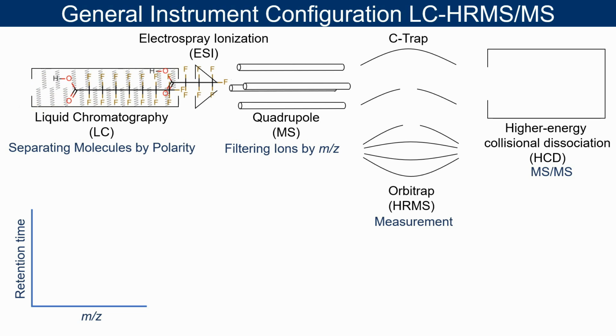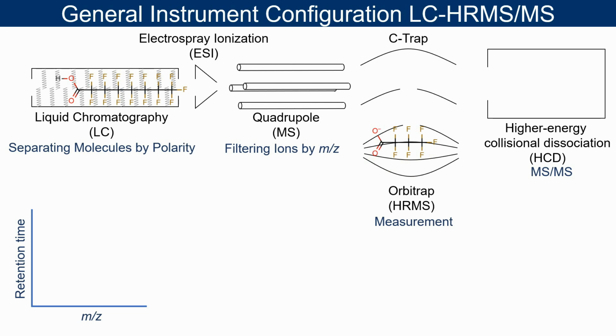So now, after separation, there's ionization. And then usually for high resolution instruments, there's a quadrupole. That quadrupole can be used to filter ions. So in a full scan mode, like we just showed, the quadrupole is going to send everything through within a certain mass to charge range.